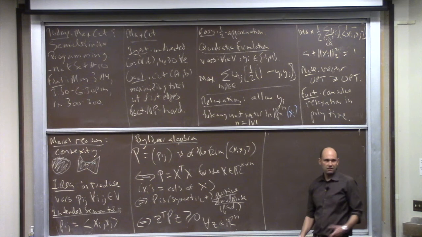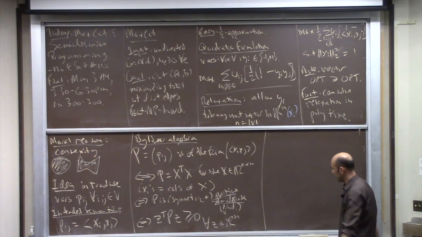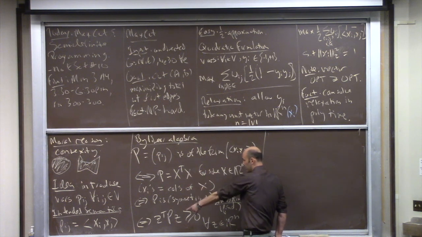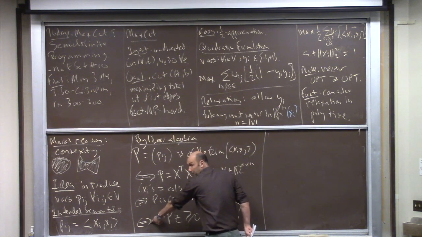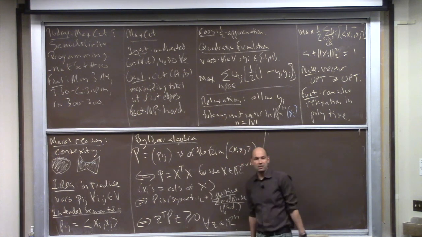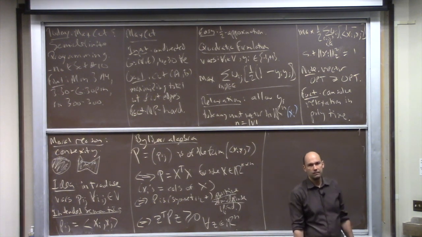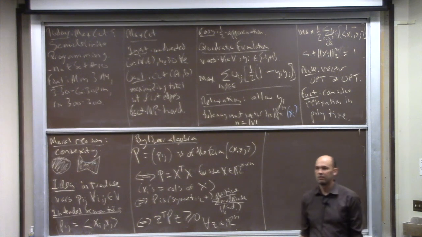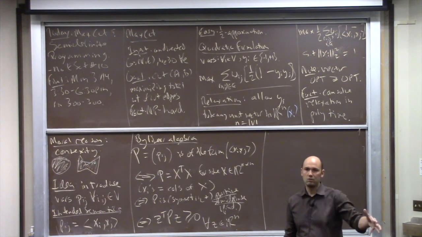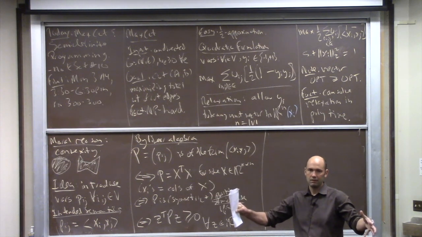Just to make this a little less mysterious if you really don't remember it, one direction we can see immediately on the board. Suppose P has the form X transpose X. Now think about this quadratic form. Suppose we hit it with Z transpose on the left and Z on the right.